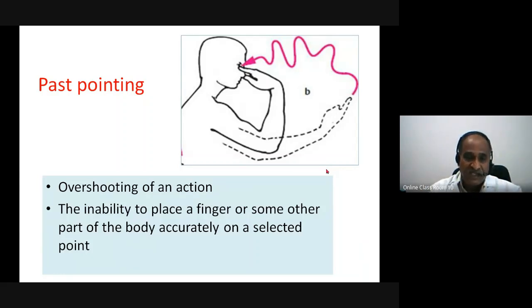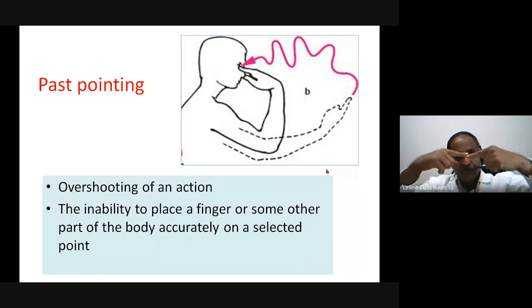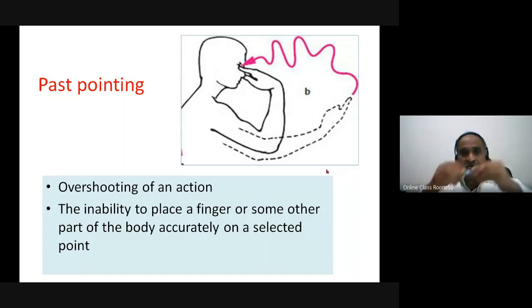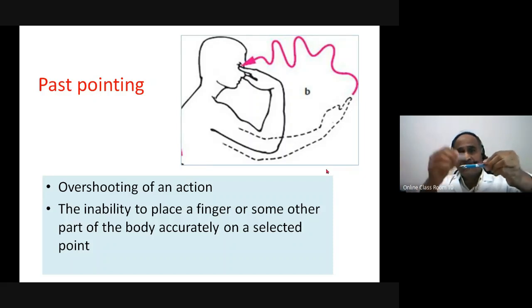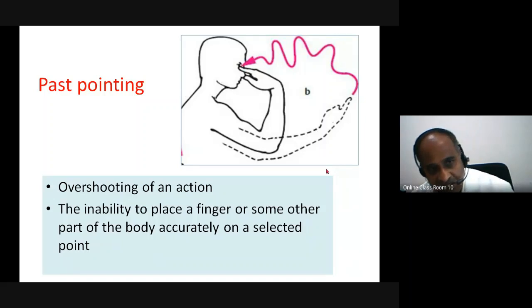You may also ask him to do certain other actions, finger to finger actions, or take a pen and try to place the cap. A cerebellar disorder person will not be able to do this, and will be doing it abnormally. So that is past pointing.